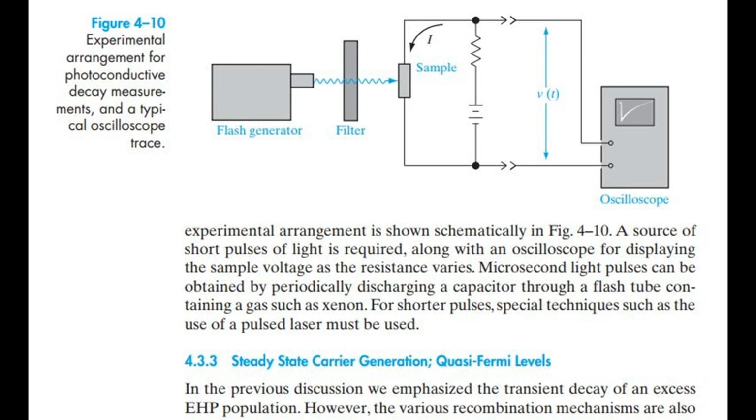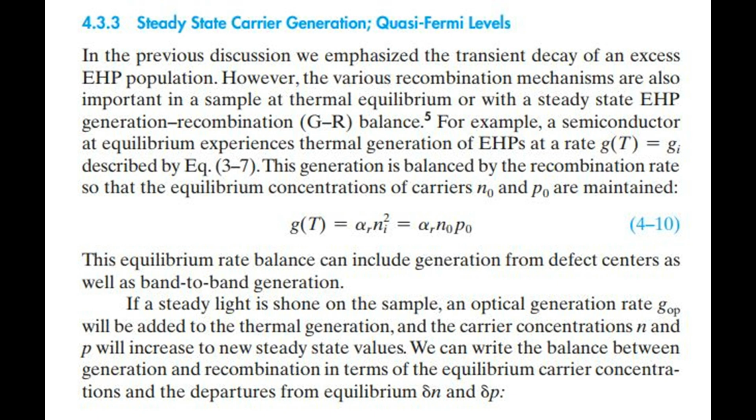In the previous discussion we emphasized the transient decay of an excess electron-hole pair population. However, the various recombination mechanisms are also important in a sample at thermal equilibrium or with a steady-state electron-hole pair generation-recombination (GR) balance.